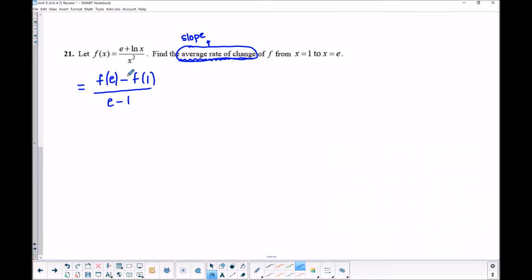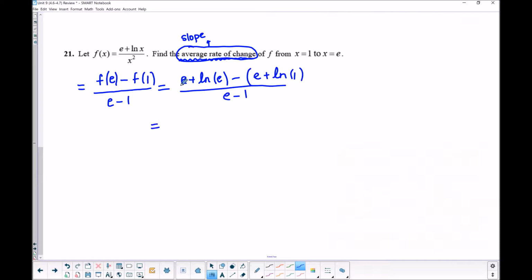We'd have to evaluate these functions. So f of e would be e plus the natural log of e, right? Subtract the quantity, and now we'll plug in 1, and we get e plus the natural log of 1, and all of that would still be over e minus 1, of course.